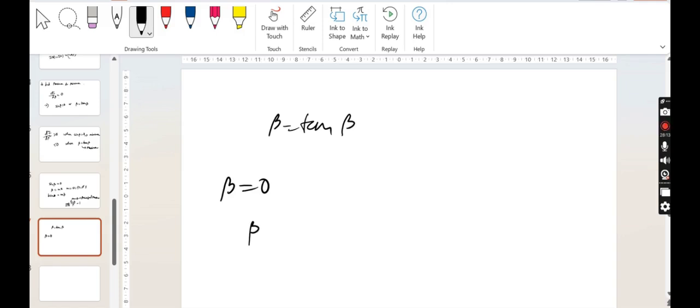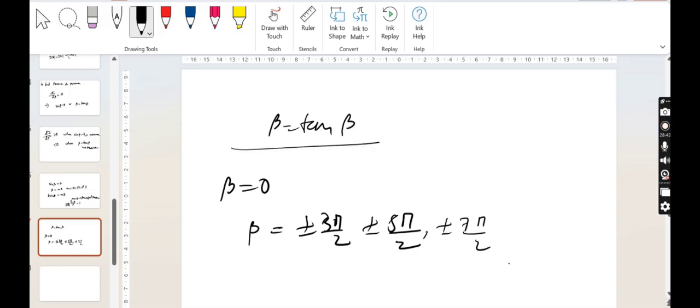Other values are plus minus 3 pi by 2, plus minus 5 pi by 2, and so on. From this relation, another will be plus minus 7 pi by 2 and so on and so forth, where this relation beta equal to tan beta will be fulfilled.